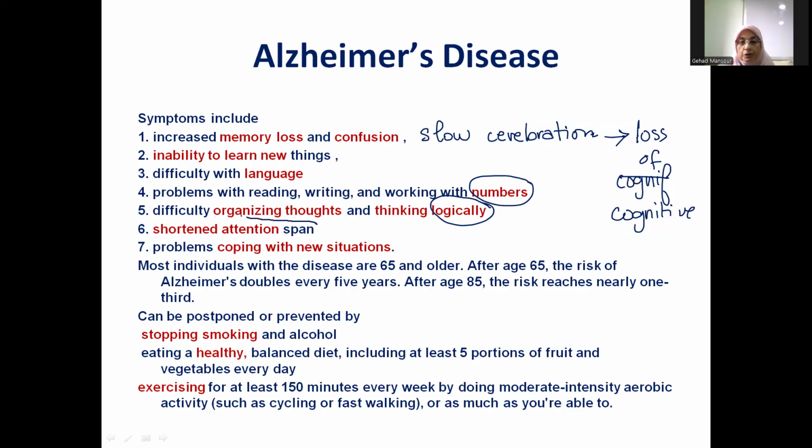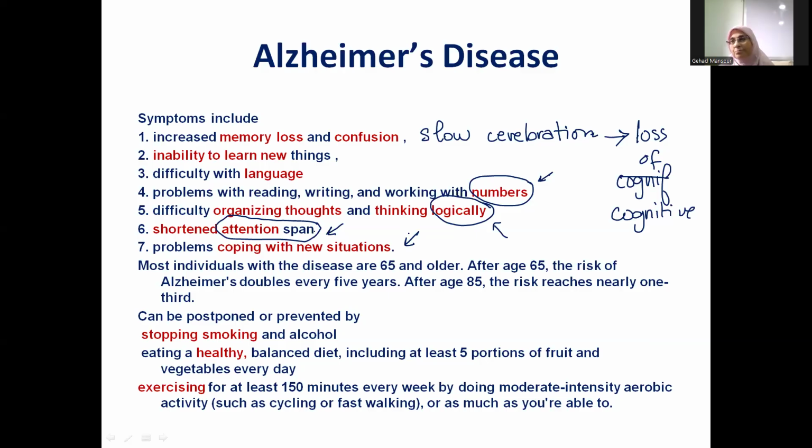Of course, the attention span will be very shortened, but these symptoms are early symptoms. Diminished ability to work with numbers, the logic seems a bit deteriorated, the attention span is a bit shorter, we cannot cope with new situations. This is very important. I have a relative of mine, as I told you before, who has Alzheimer.